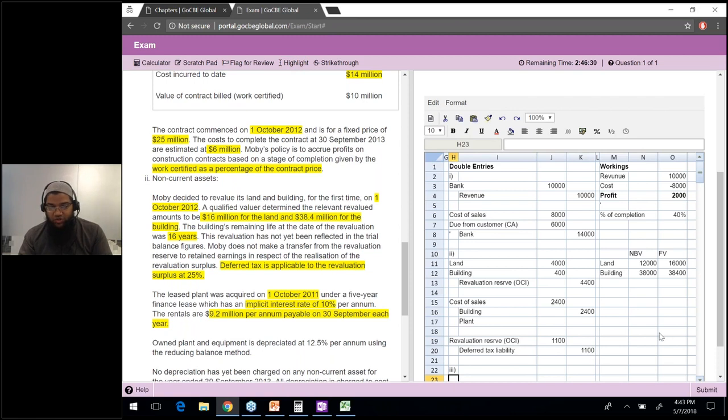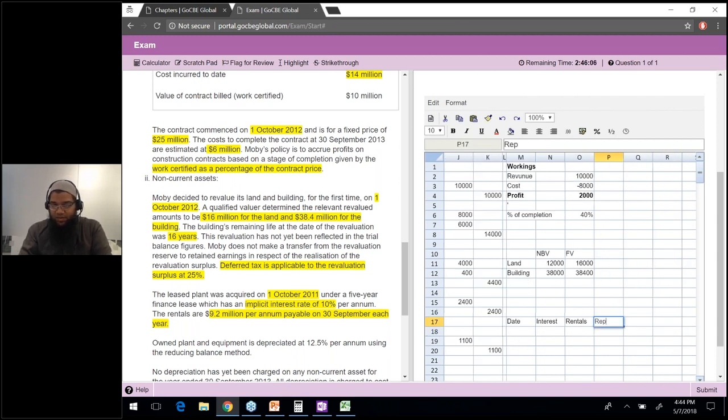So now the question is talking about lease. So for lease, what do we do is actually we prepare a table. The table has date, interest, rentals, repayment, and carried down.